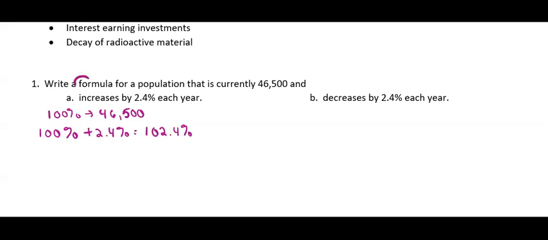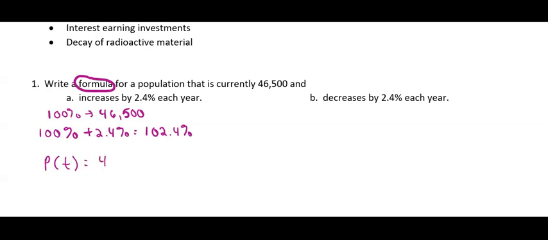But this question is asking us to write a formula. So the formula means that we need to make something that will be perpetuated year through year through year. So all that we would need to do is change our year. So we'll start it with our population at time t. So t will be our years, p of t will be our population after a time t.